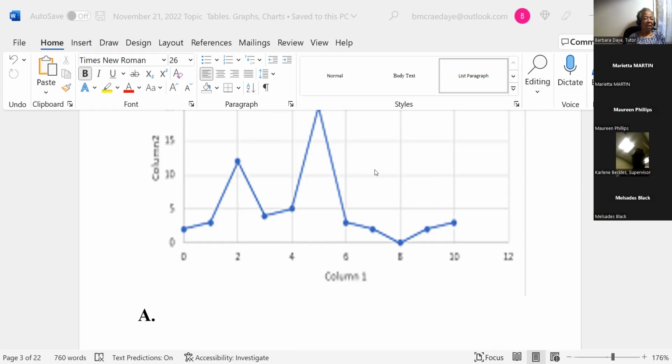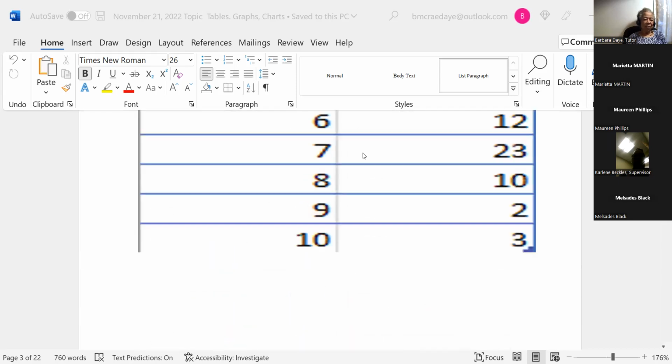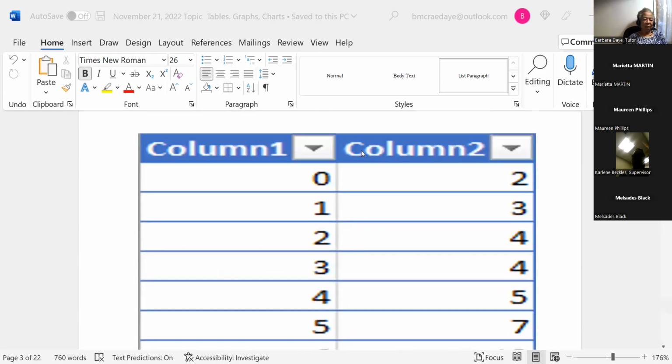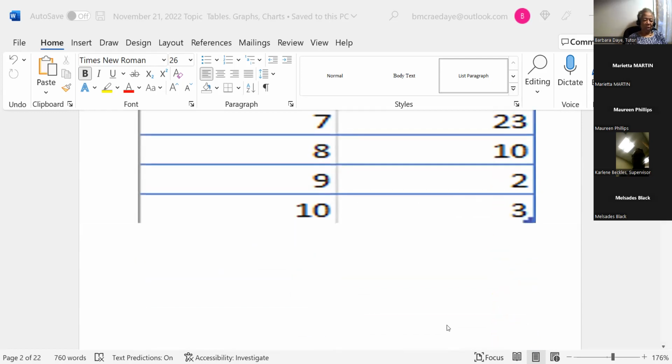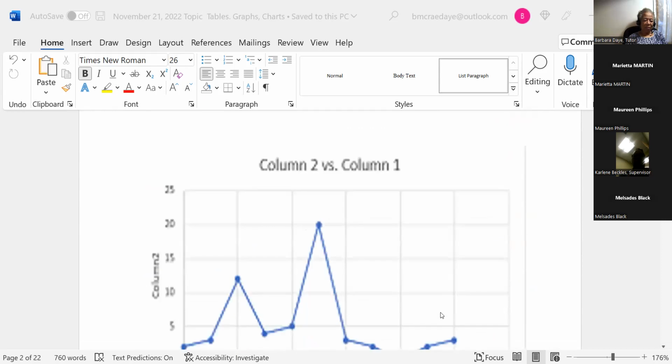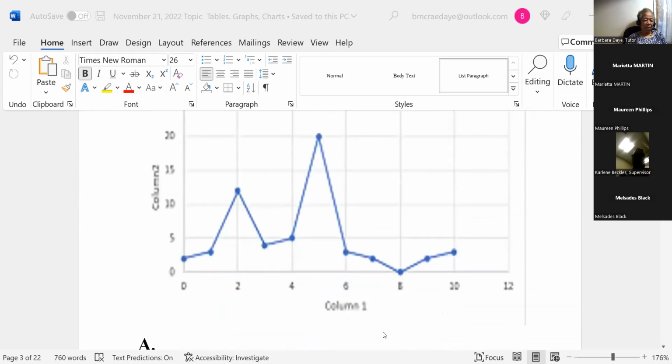So let's go back to our table and see what those values are. Okay. So when it's a 3, it's a 4, right? 3 for x, y is 4. So let's go back to our graphs. And we said 3 is a 4. That would be about here, right? 3.